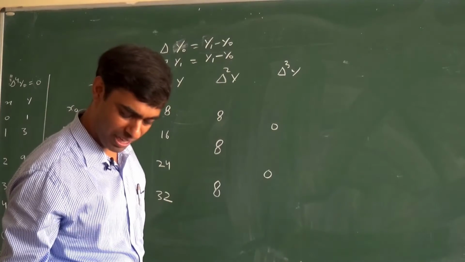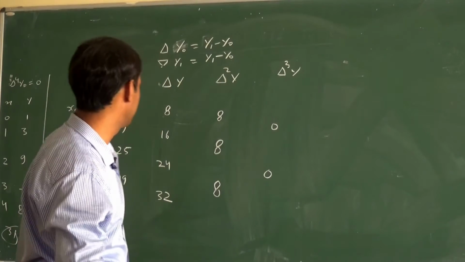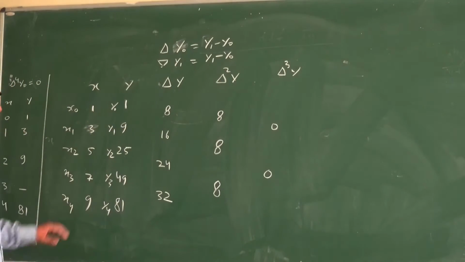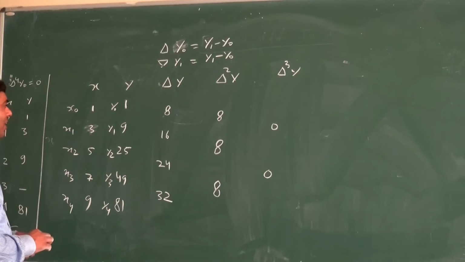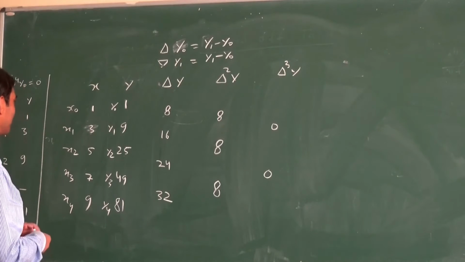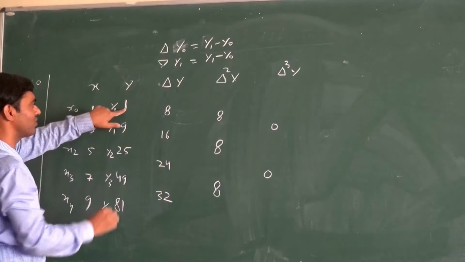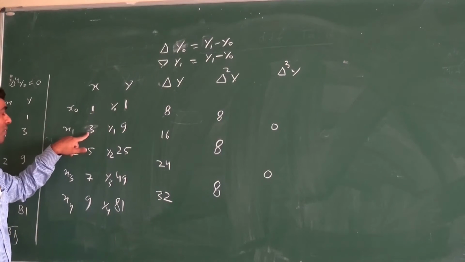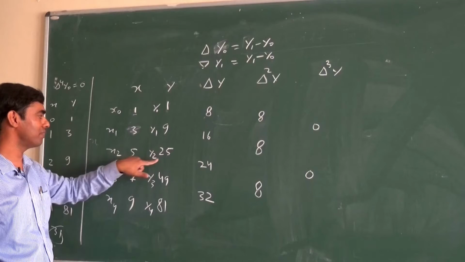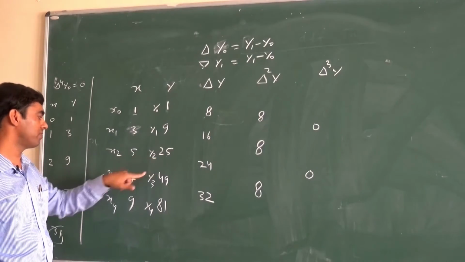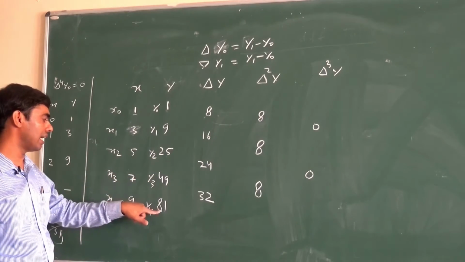So one very important observation from this table. If we closely observe the values of x and y, if x is 1, then the value of y is 1. If the value of x is 3, then the value of y is 9. Value of x is 5, then this one is what? 25, 7, 49, 9, 81.